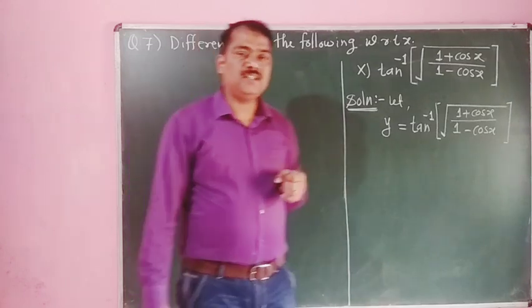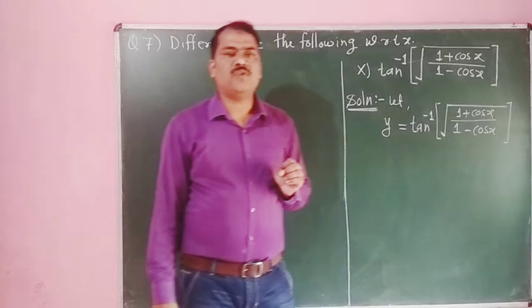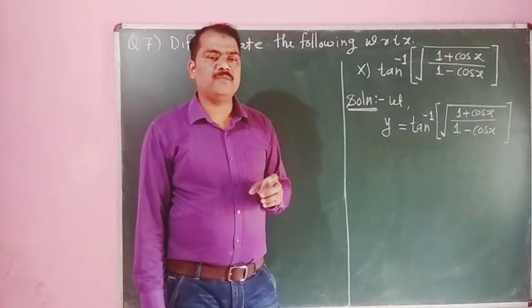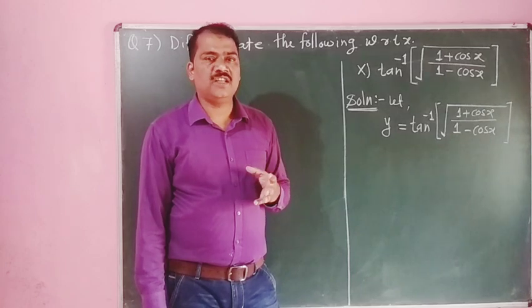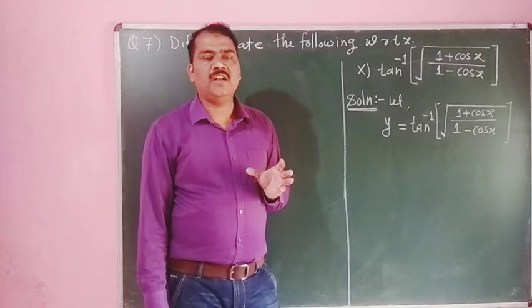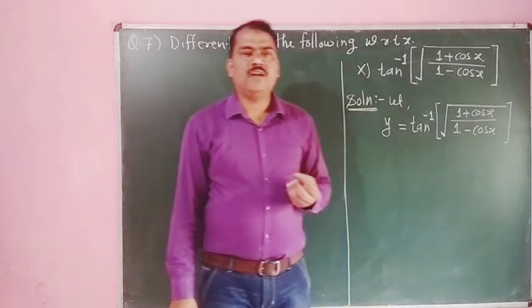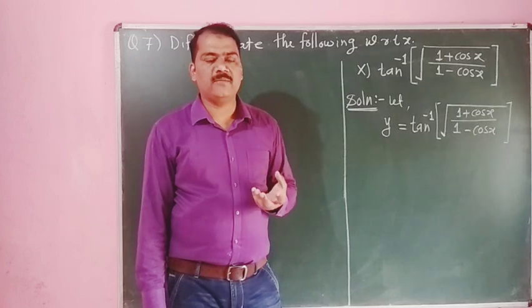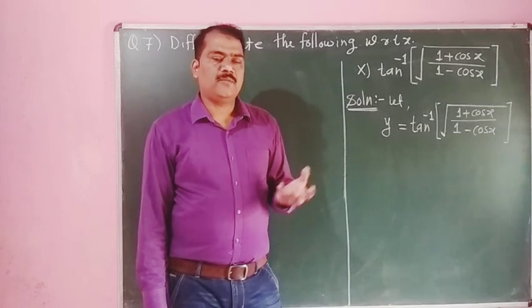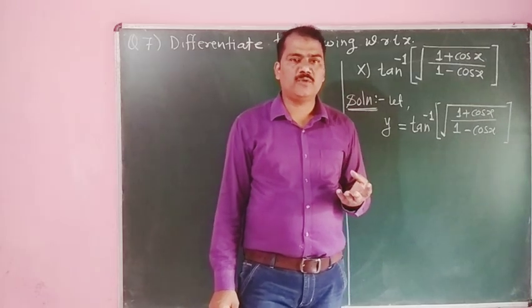When we discuss paper number 2, the trigonometric function cos theta is more important because most examples are related to it. Whatever formulas are related to cos theta, we have to remember or understand, and how to derive them, because there are 3 formulas related to cos of 2 theta.